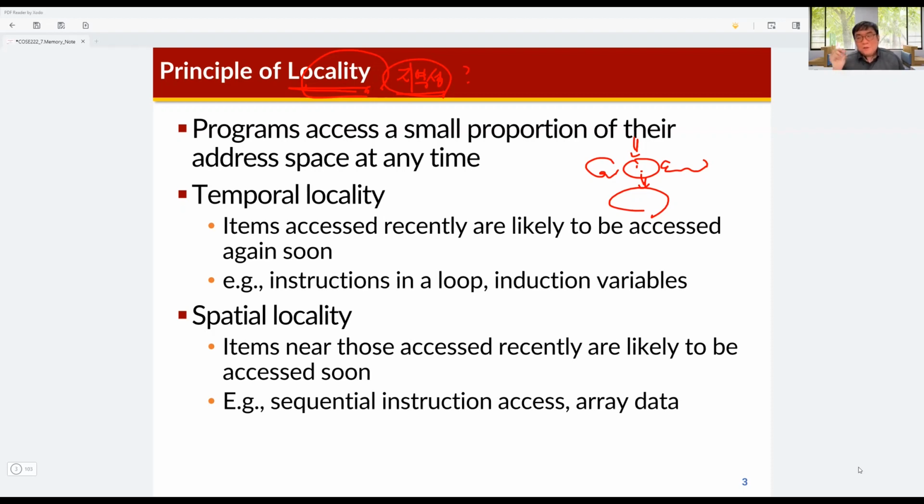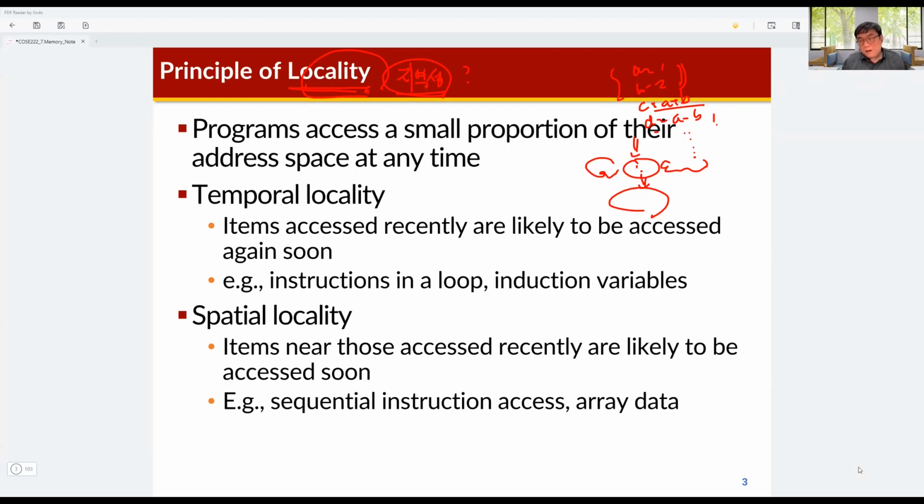So just think about your code. Your basic code, like A equal 1, B equal 2, C equal A plus B, and then D equal A minus B, and so on. If a certain data is defined by programmers in the high level code, then these defined variables will be used in the near future, like C equal A plus B and then D equal A minus B. It is because we define variables in our code because we will use these variables.